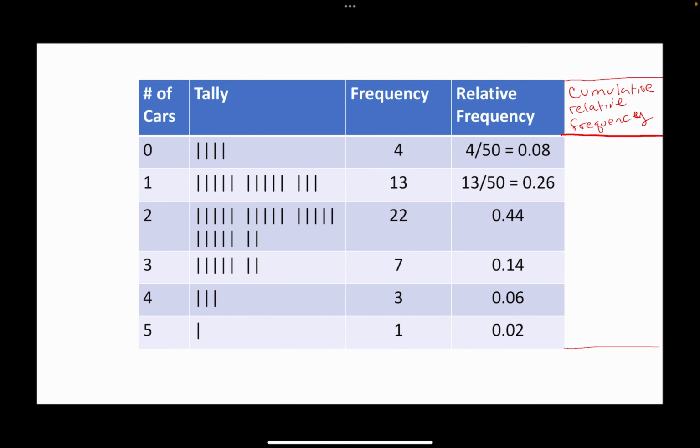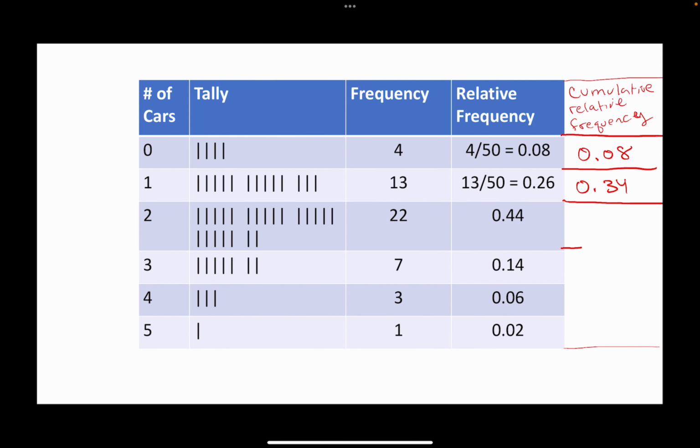So for example, in the first box I put 0.08. The second box would be 0.26 plus the 0.08, so it'd be 0.34. So I could say 34% of the people have 1 or fewer cars.